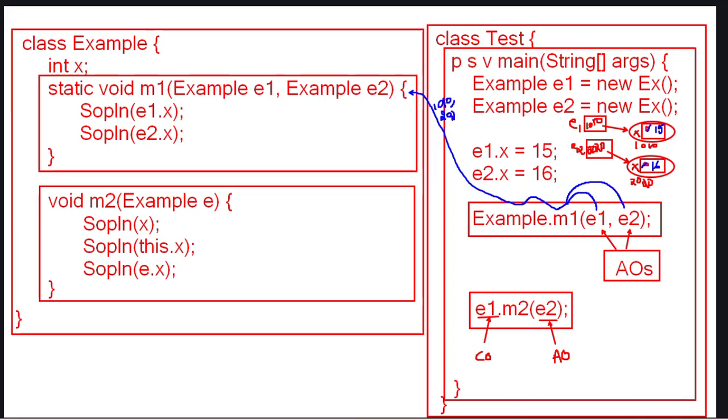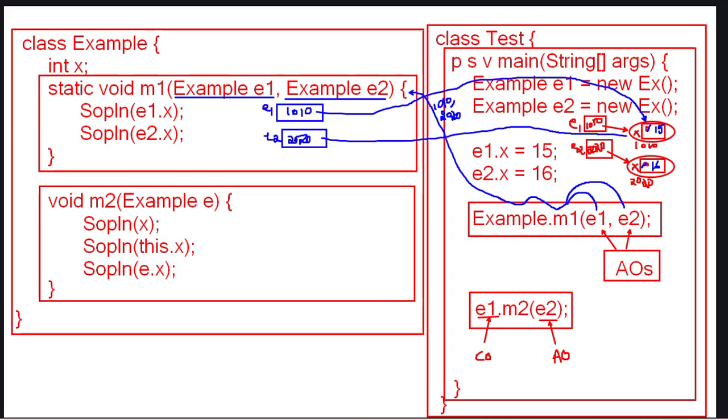Now, in a method, what is always executed first? Parameters. First, E1 is created with reference 1010, pointing to the first object. Then parameter E2 is created with reference 2020, pointing to the second object.